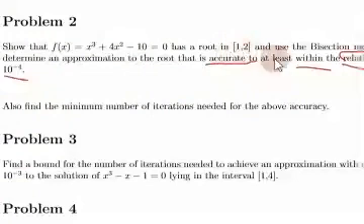And we used the bisection method to determine an approximation to the root that is accurate to within the relative error 10 to the minus 4. We have done that. And in this part, find the minimum number of iterations needed for the above accuracy.